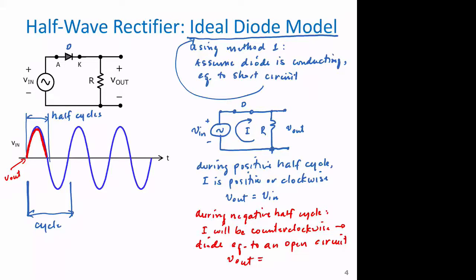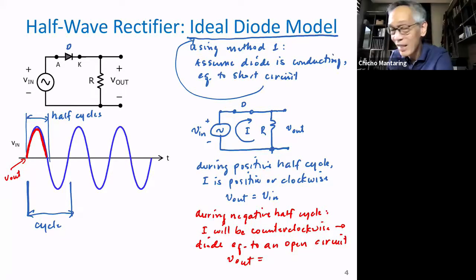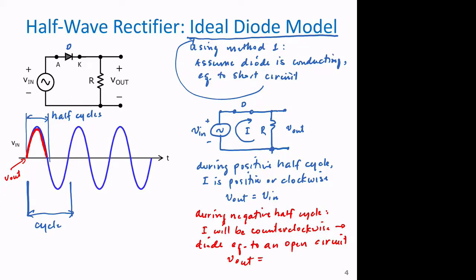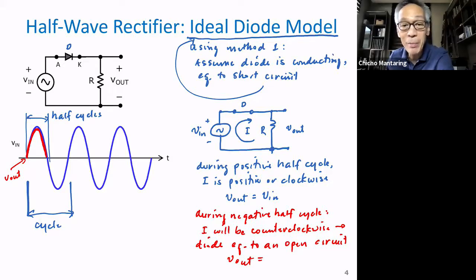So wala pong current na dadaloy sa resistor, wala pong voltage drop. Very good, no? Exactly the answer that I was looking for. So, open yung circuit, so I is equal to 0, therefore wala kang pwedeng maging voltage drop across your resistor, so Vout is equal to 0. So during the negative half cycle, output natin ganyan yung itsura.